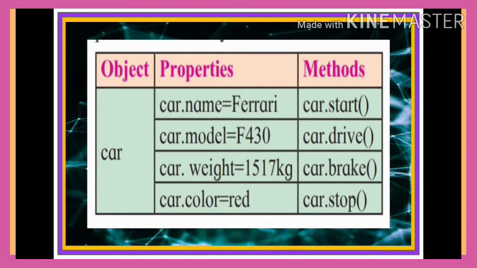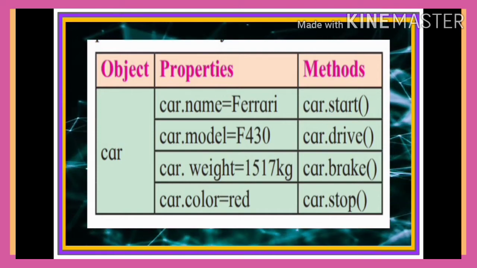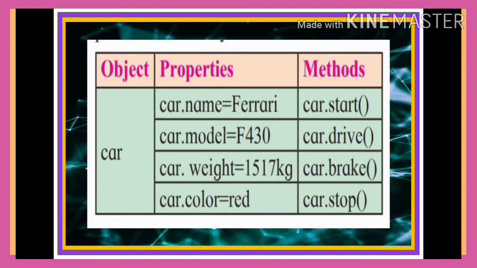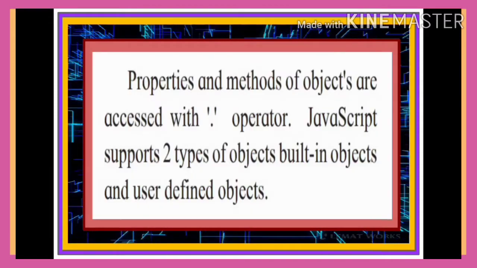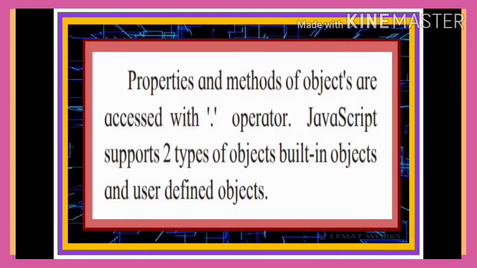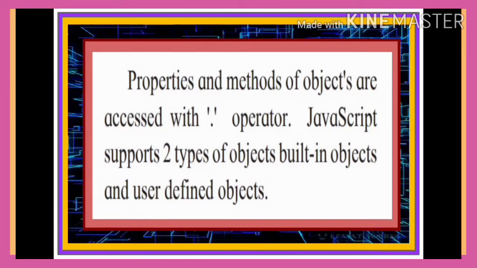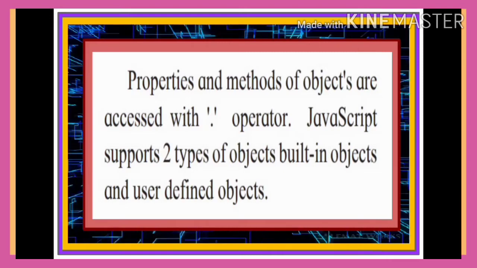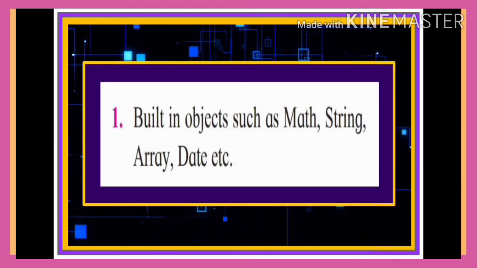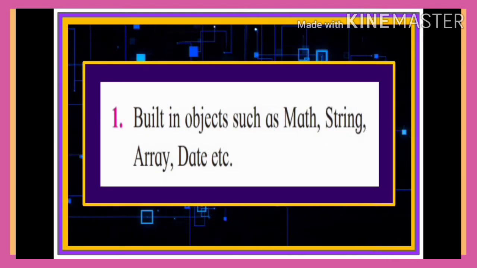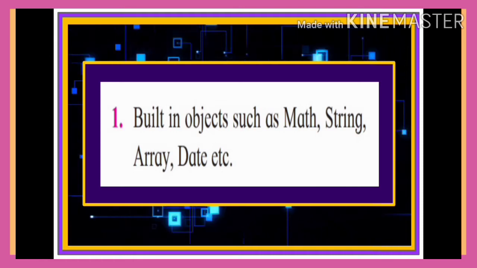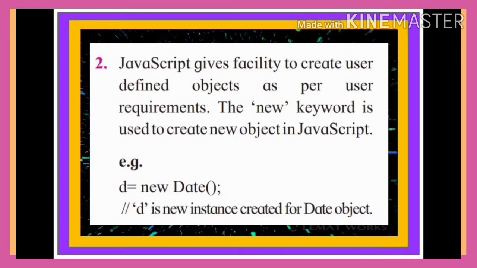So if you want to use a property or method, you first mention the name of that object and then by using the dot operator you can access the property and methods of that particular object. Properties and methods of objects are accessed with the dot operator. JavaScript supports two types of objects, built-in objects and user-defined objects. First, built-in objects such as math, string, array, date, etc. and second is user-defined object.